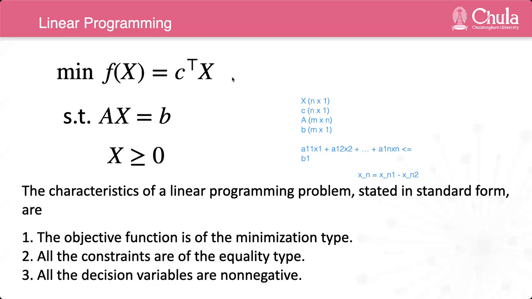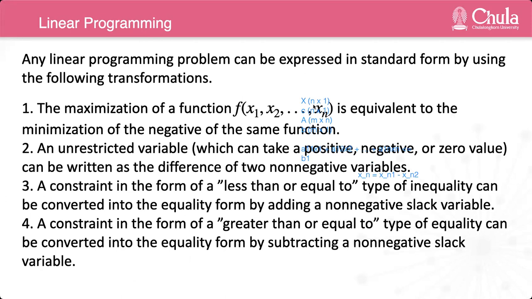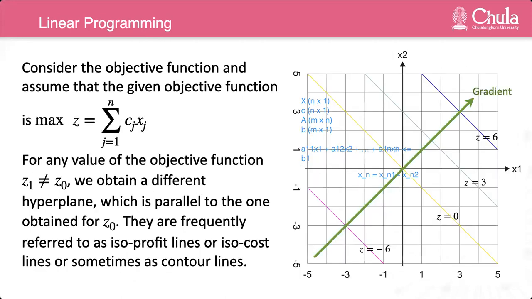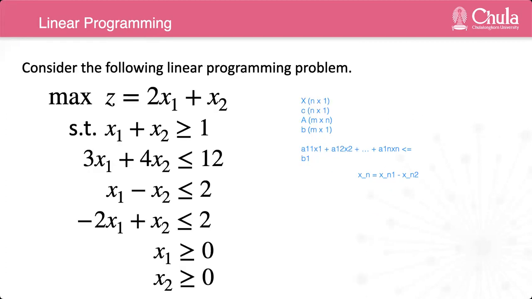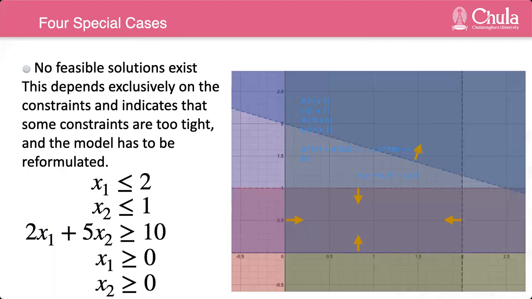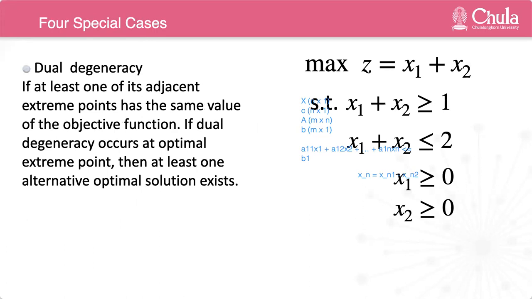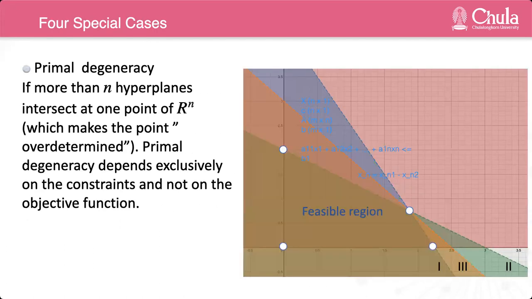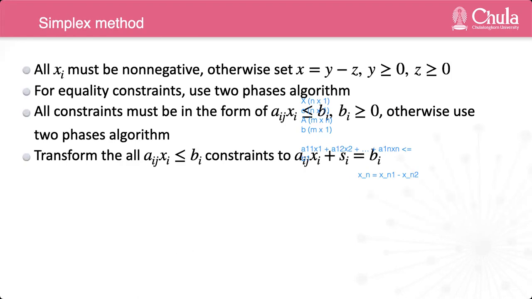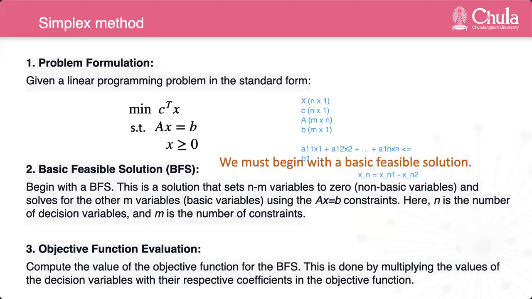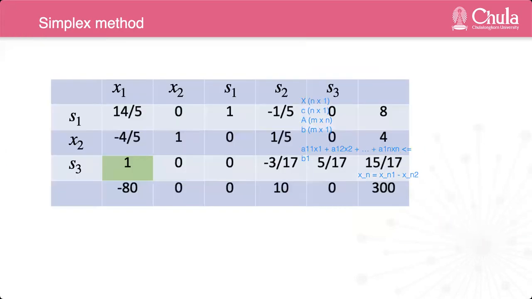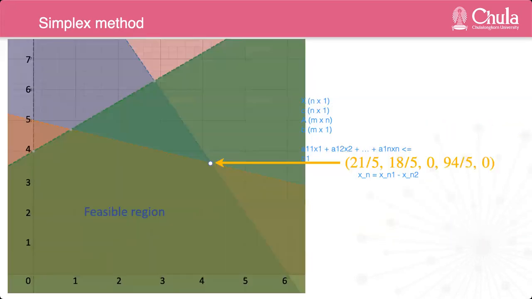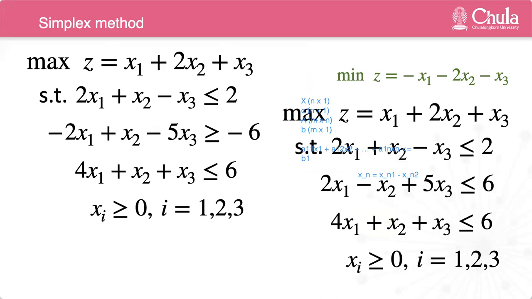I think it's okay. We have an example later. For example, if we don't have, just a moment. In my example, x1, x3.